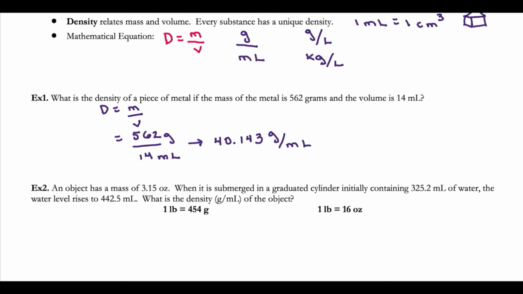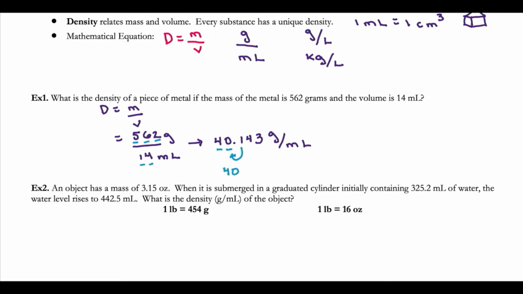Okay. Now I need to figure out significant figures. So since I'm dividing, I'm going to be rounding to my fewest number of sig figs. 562 has 3 sig figs, 14 has 2, which means I want my final answer to have 2 sig figs. So I want to keep the 4 and the 0. The 1 does not round the 0 up, so I'm going to end up with 40. Now here's the problem.